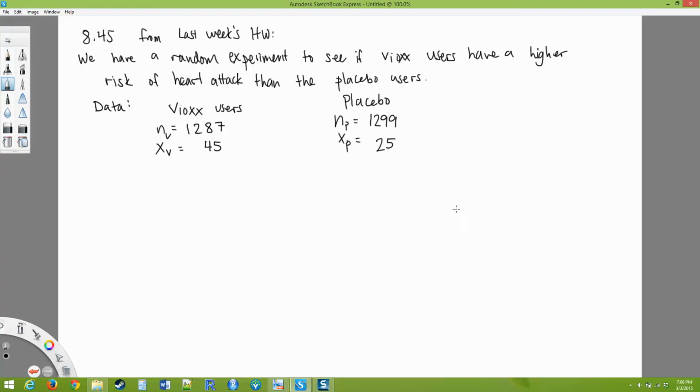And so we want to know, is this difference significant, okay? So partly we're going to have to do some more calculations here, but the statement says, perform a hypothesis test to test whether those who take Vioxx have a greater rate of heart attack than those who take placebo.